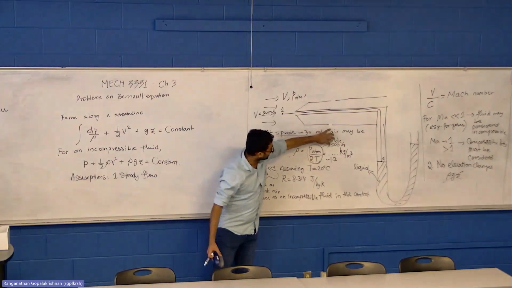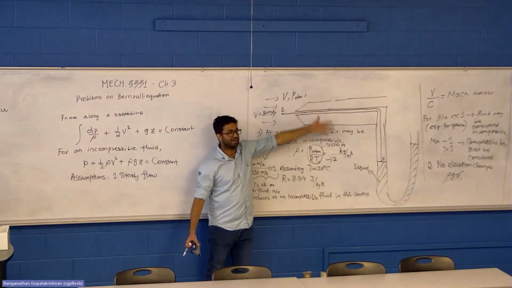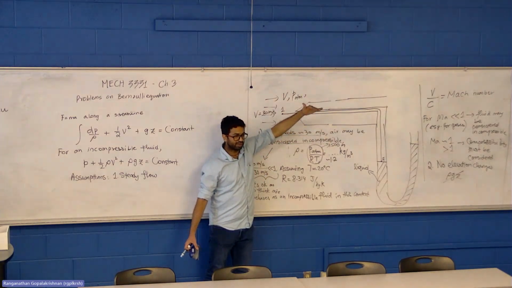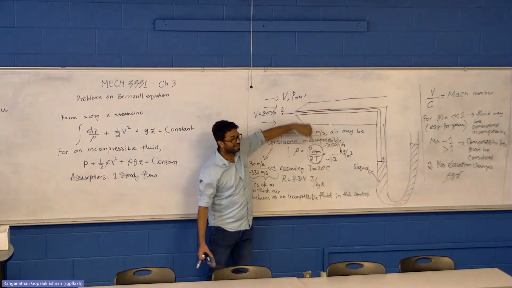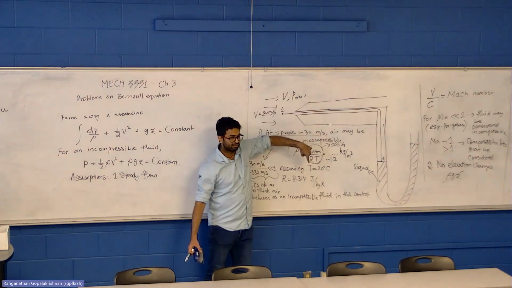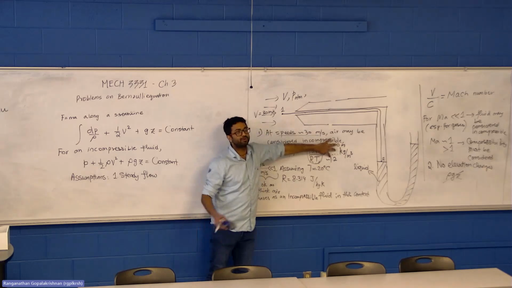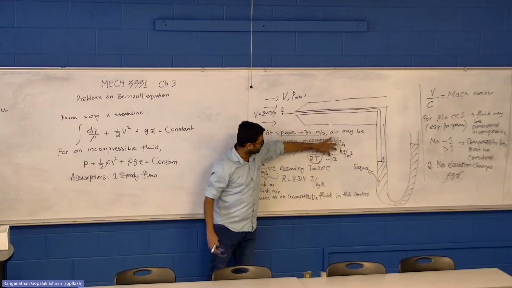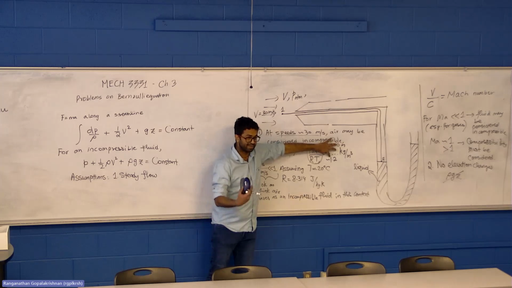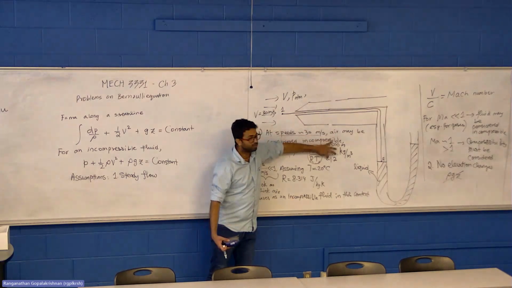For 1500 meters, you have to look at the standard atmosphere, determine what the pressure is, and evaluate the density at that pressure. I didn't do that for you. This 1.2 is mostly true at sea level. If you are 1500 meters above sea level, this will be a little less because air gets less dense. So you'll have to redo the calculation.